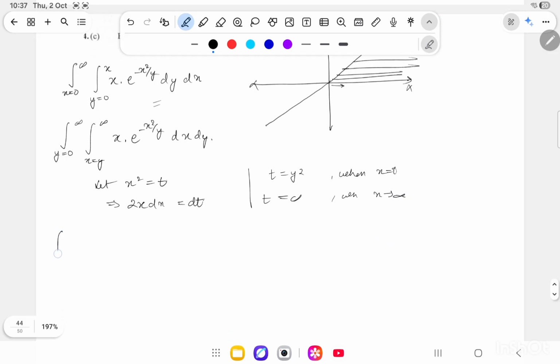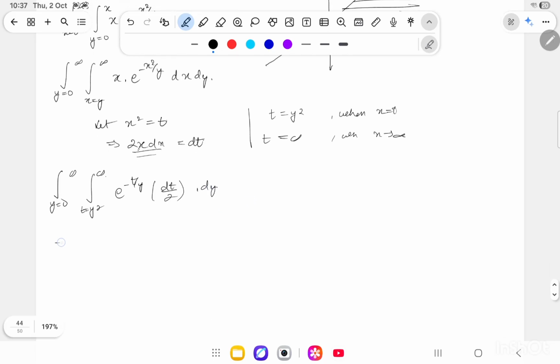So the integration reduces to y equals 0 to infinity, and t is equal to y square to infinity, e raised minus t by y, and x dx from here will be dt by 2 into dy.